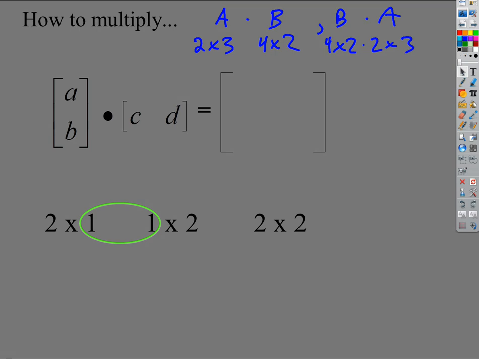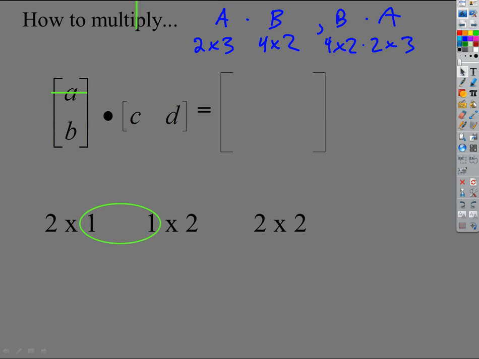So how do we do this? Here's what we do. We multiply the first row of the first matrix by the first column of the second matrix. Okay? So the first entry here is going to be A times C. That's the row 1, column 1 element of the product matrix.